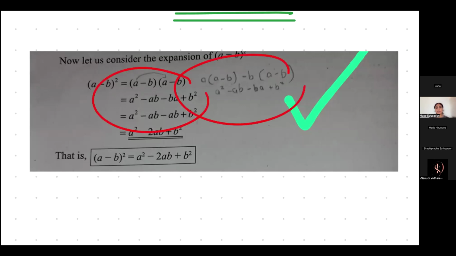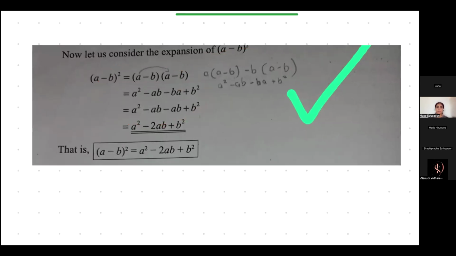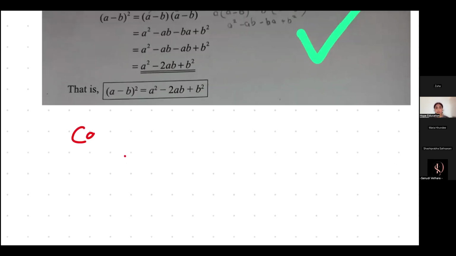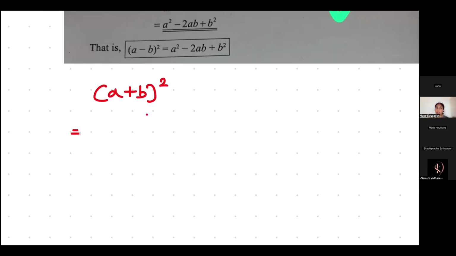Okay, anyways, these are both correct. Let's take a minus b squared. How we would usually find this, before learning it in grade 10, is that a minus b squared means a minus b multiplied by a minus b.